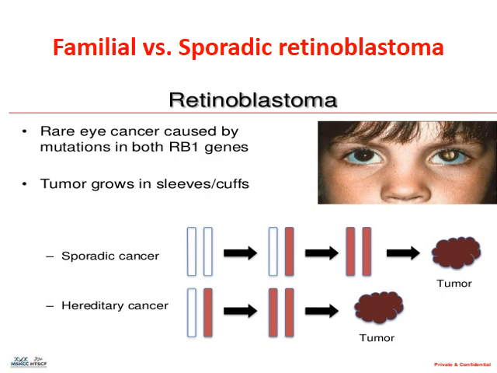In sporadic cases, the child is born normally, with no mutation in either copy of the gene. Later, the patient will have a mutation in one copy, and then another mutation in the other copy. This is called the two-hit theory. As long as the two copies are mutated, this will be enough to produce the retinoblastoma phenotype.